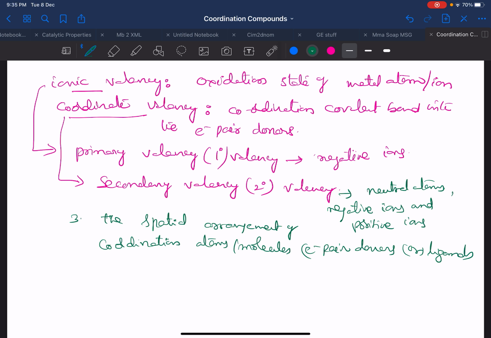Electron pair donors are the ligands. So the spatial arrangement of ligands around the metal atom is called the coordination polyhedra.